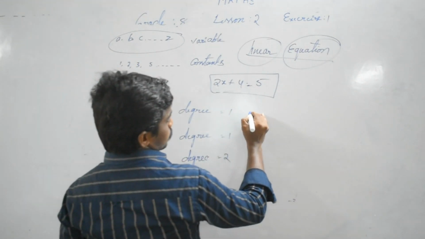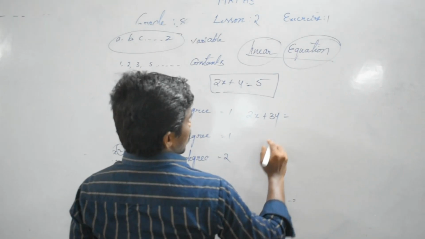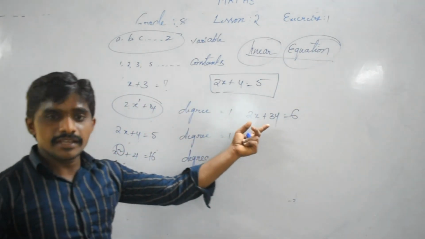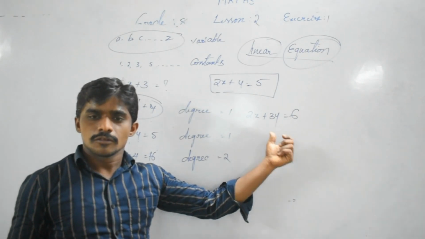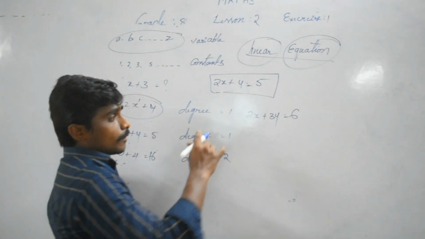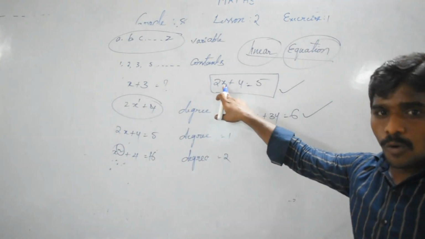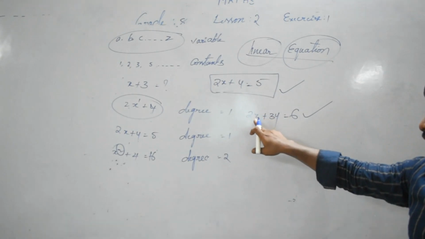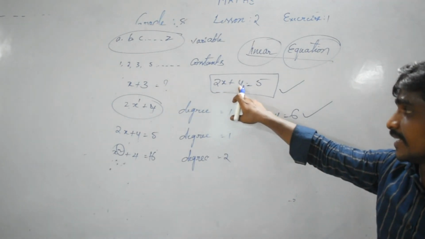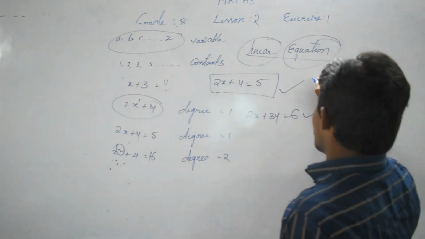Next one, 2x plus 3y plus 6 is equal to 6. Here the degree is 1, so this is also a linear equation. But here is one difference: only one variable here, two variables there. So this is called a linear equation in one variable.